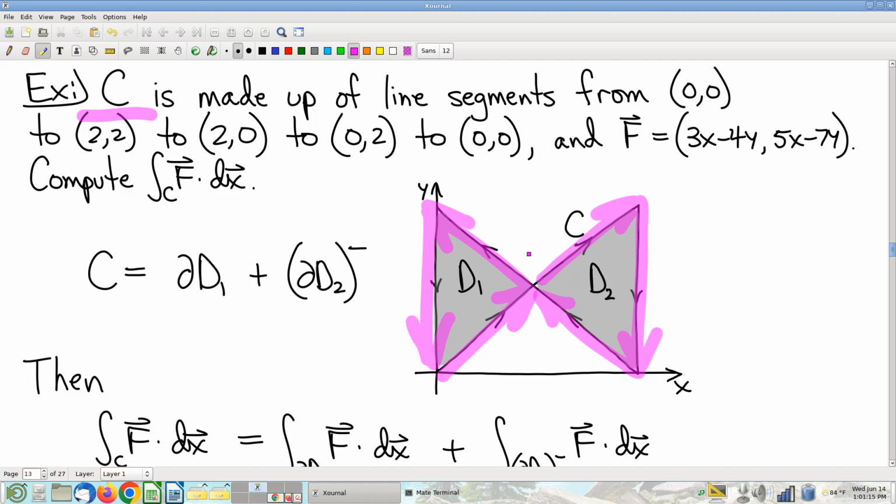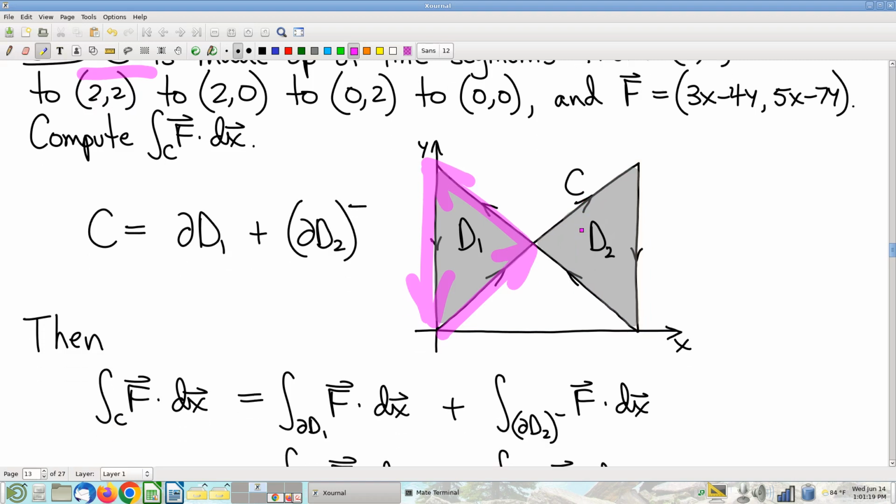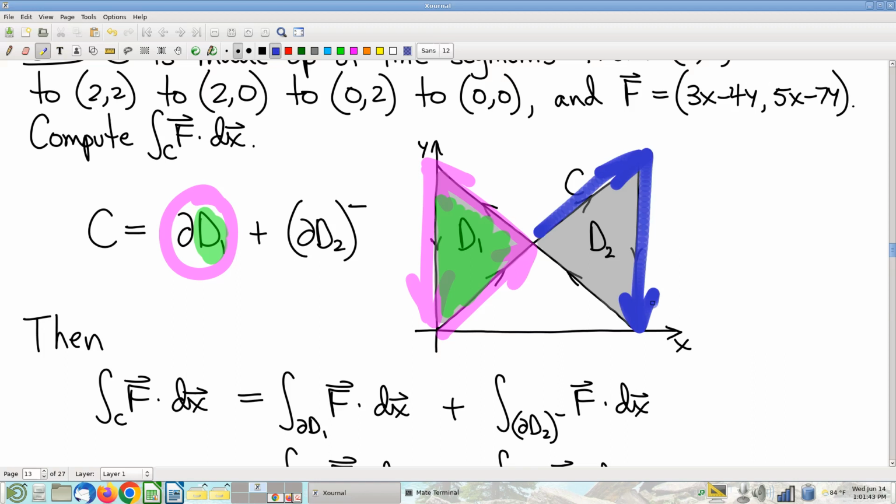Okay. All right. So now let's look first at what we have there. Good news. That's a boundary. That's exactly the boundary of this region, the boundary of this region D1. Orientation and everything, it's good, right? Now, sadly, this other one is not exactly the same as the boundary of D2.